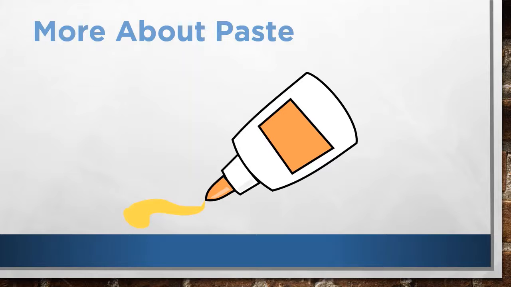But if we click the lower part of the button where there's a little drop-down arrow, we may get 3 or 4 options of how we can take text and paste it into a document that maybe has different formatting, the same formatting, but we have some choices in how we want to paste that document in. And so let's look at those options when you click the bottom half of the paste button.